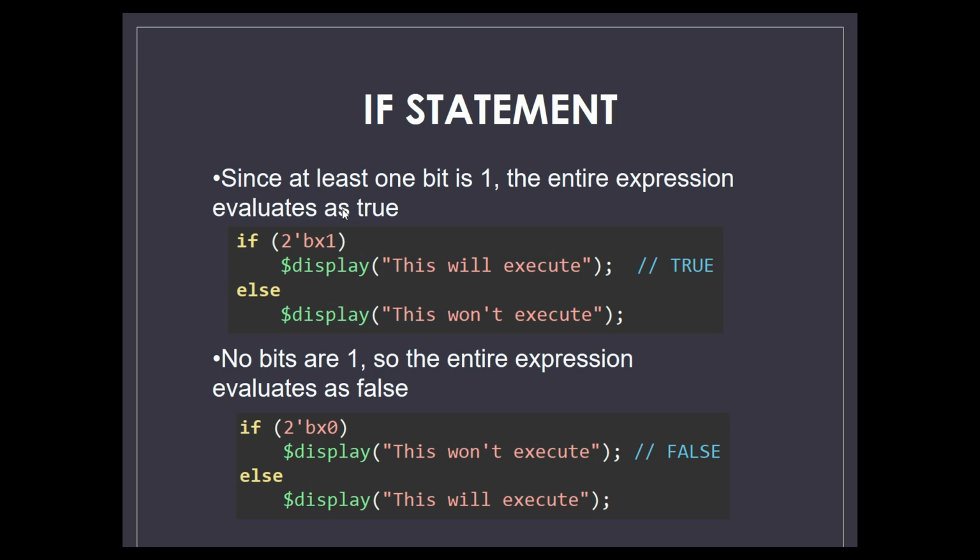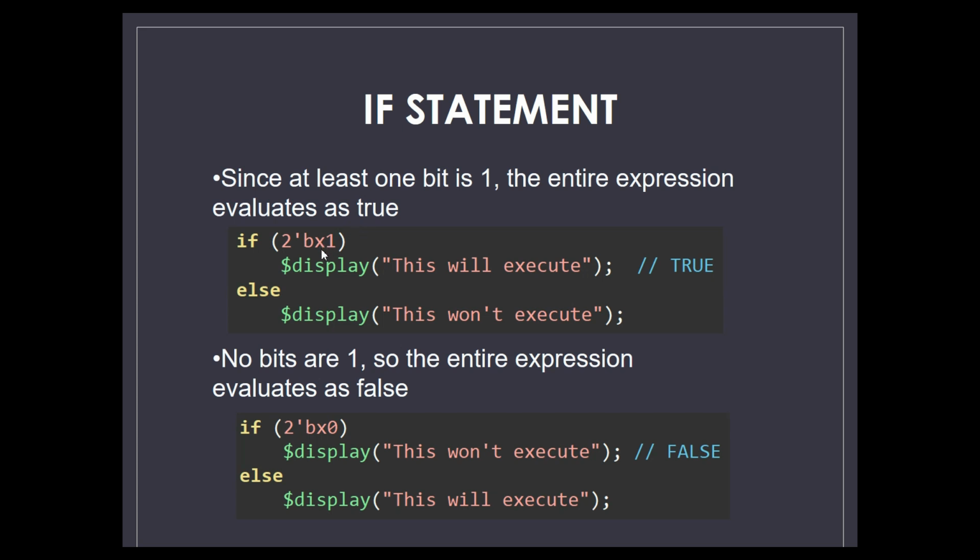Now, the multi-bit example which I was talking about. I have this condition: if 2-bit be x1, then how will this be evaluated? As the rule says, if at least one bit is 1 in a multi-bit expression, then the entire expression is evaluated as true.